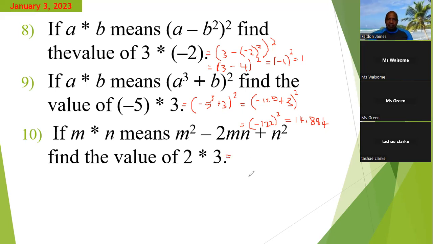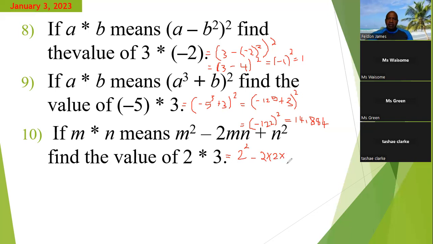Sir, you're going to have, let me see, 2 squared, minus, so sir, 2 times 3. Look again. So you have this 2, then m is equal to what? Oh, 2, yes, sir. So 2 times 2. Then you have n.